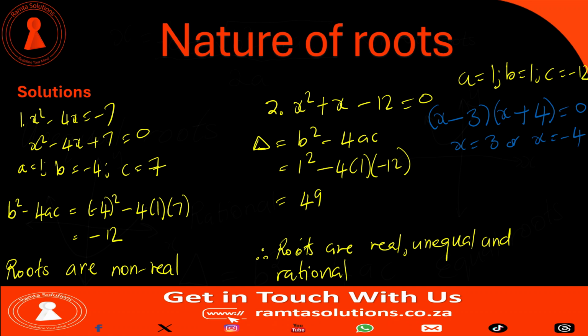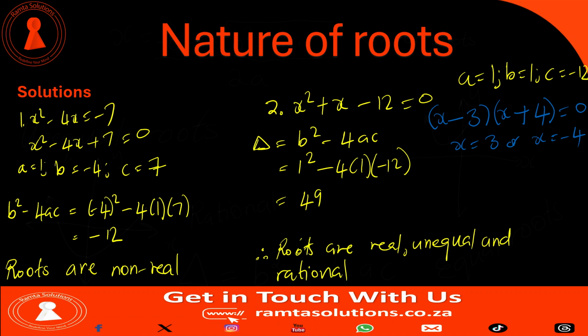But you also need to know your squares: 1 squared, 2 squared, 3 squared, and so on. If you know them, you are good to go. If your answer is a perfect square, you must know that your roots are rational. If not, they are irrational.